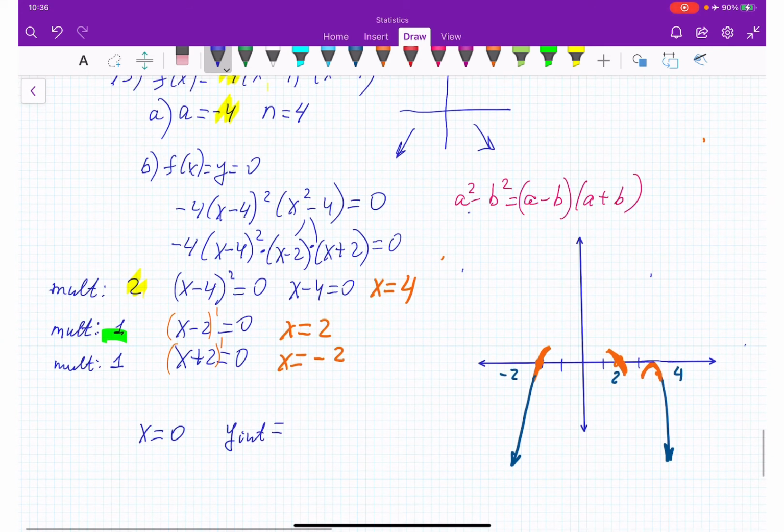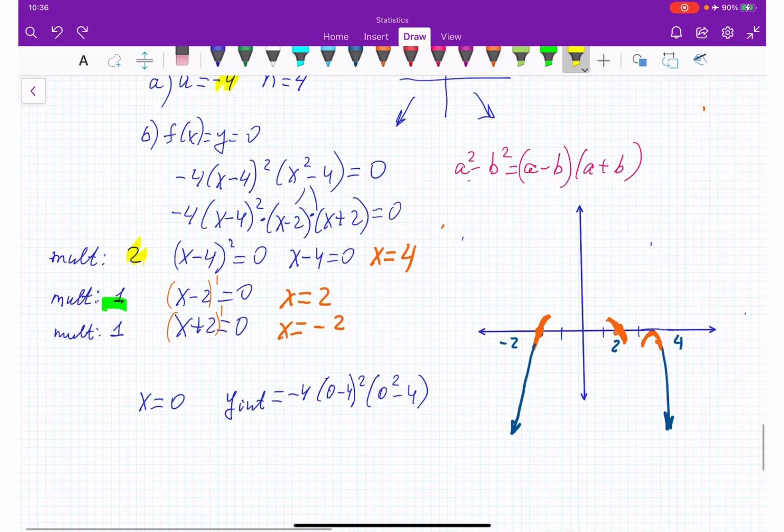Here it is, -4 times (0 minus 4) squared, and then (0 squared minus 4), right? I used this original one, or this one, it doesn't matter which one.